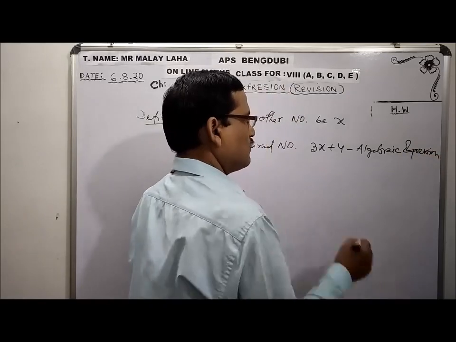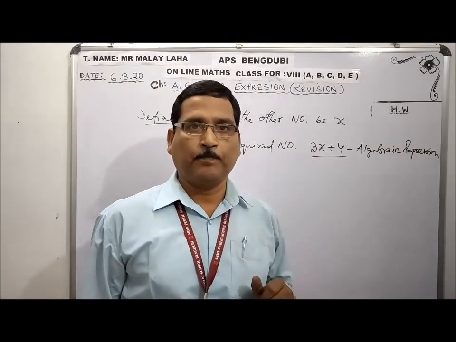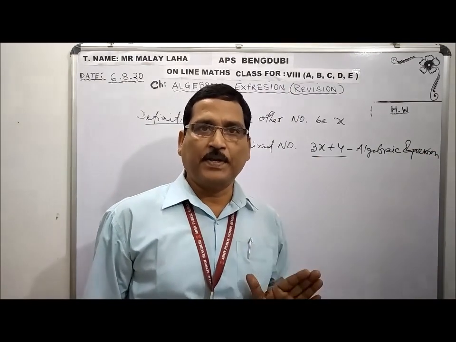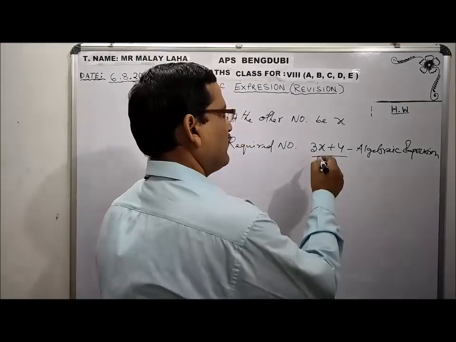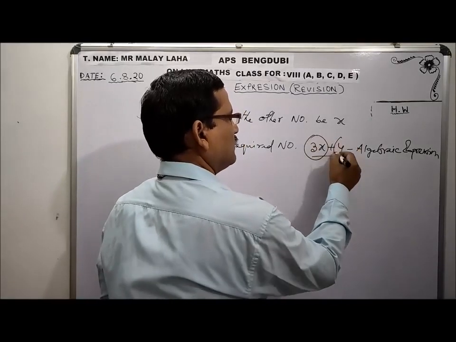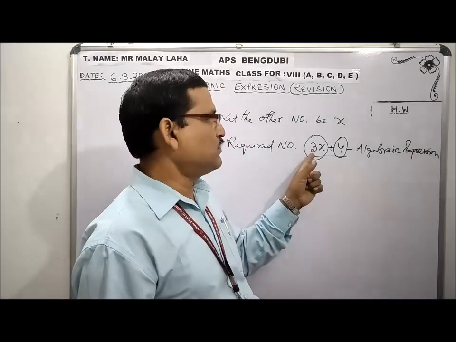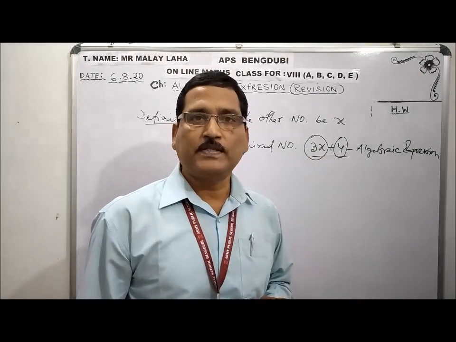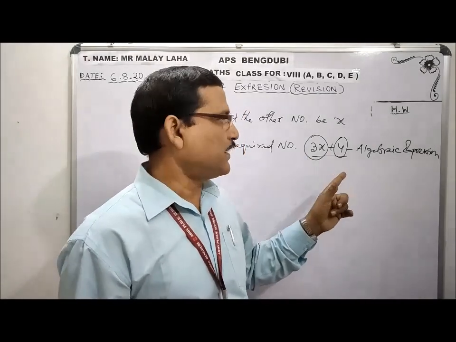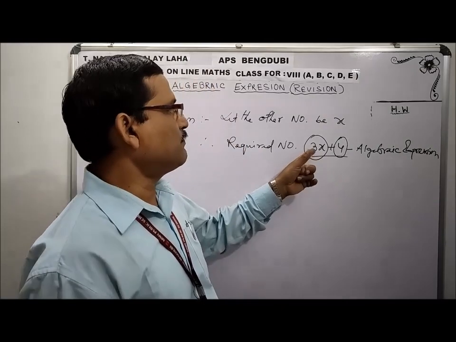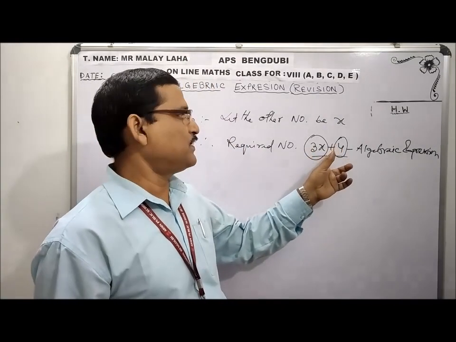Understood? Now in an algebraic expression, 2 parts are there. When the parts are separated by a plus or minus sign, that is an arithmetic operator, then each part is called a term. But within a term, you see 3 and x. What will be the sign? A multiplication sign is there. So within the term, there is a multiplication sign.